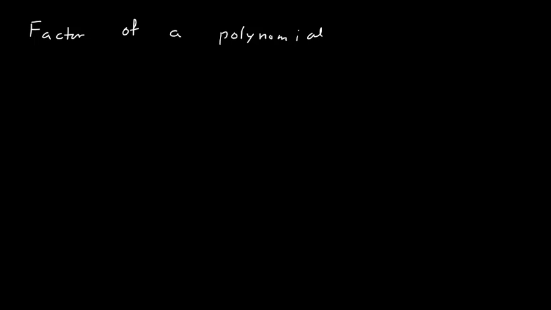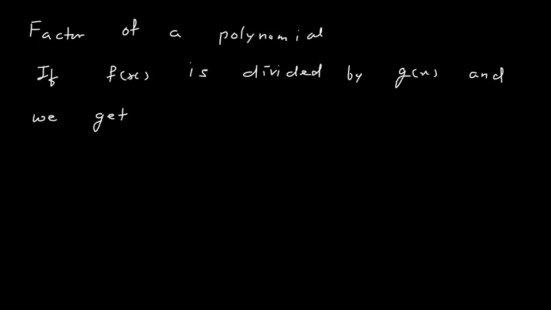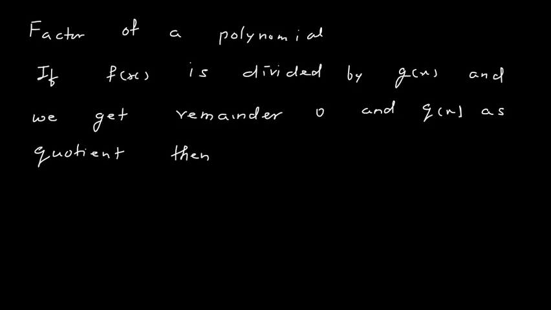I will say that if fx is divided by gx and we get remainder 0, and some quotient, say qx as quotient, then this gx is called a factor of fx.